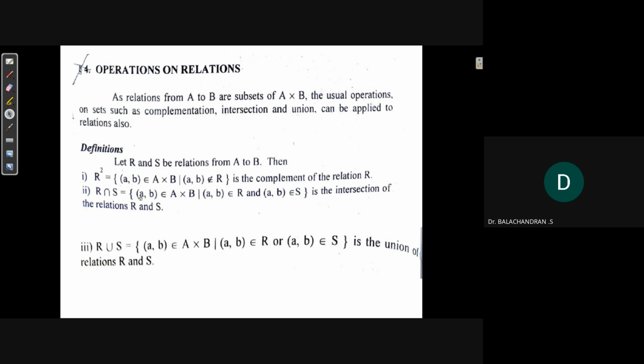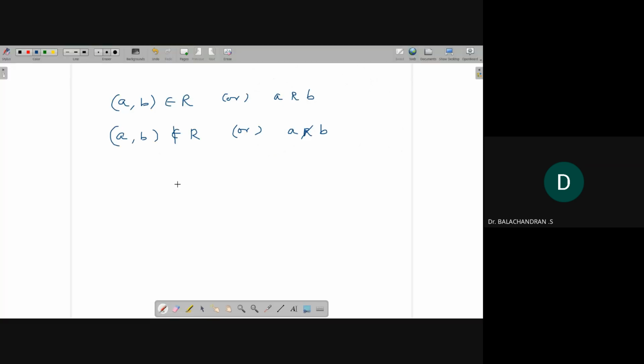R intersection S again is equal to the set of all (a, b) in A cross B such that (a, b) should be in both R and S. Then only it is in R intersection S. Next, complement of a relation. Here they wrote R square, but usually for complement we don't use R square. We will write R complement, or R power C. Usually they use this notation.